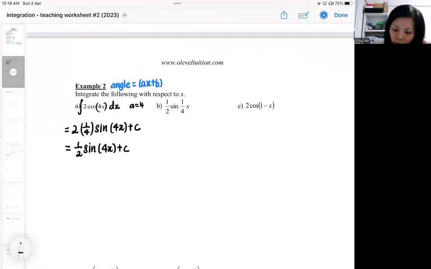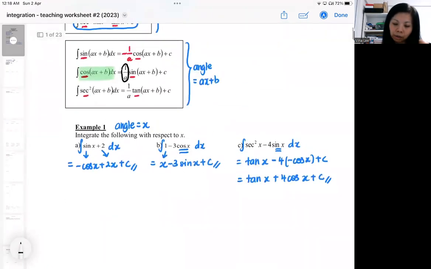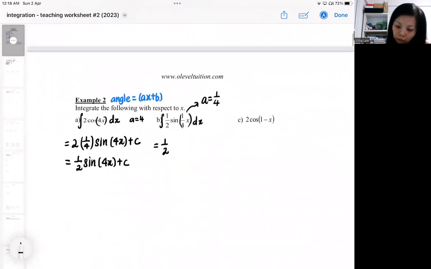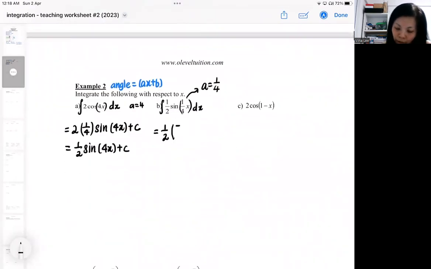So in the next one, look for your a first. You realize your a is 1/4. If you go for the sine ax plus b formula, there will be a negative 1 over a. So you do have a negative 1 over 1/4.